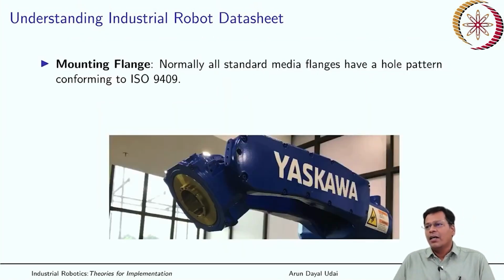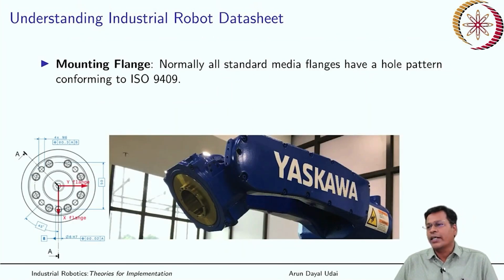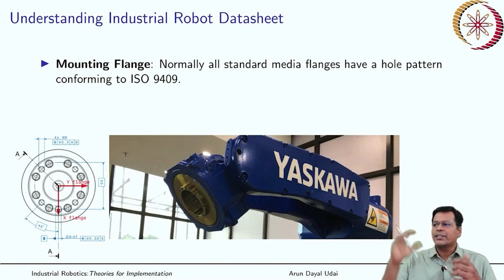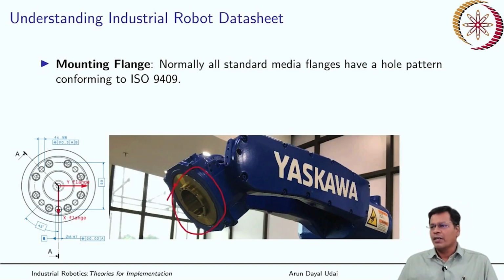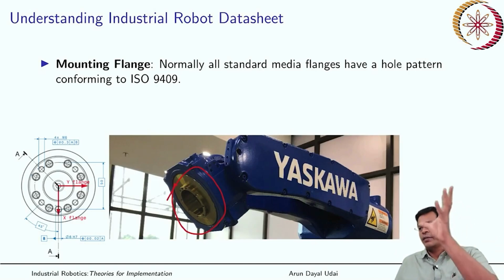Now this is ISO 9409 that I was talking about earlier. So it is normally a standard mechanical interface flange. That is the end effector flange of the robot, this one, where my gripper has to be fitted.